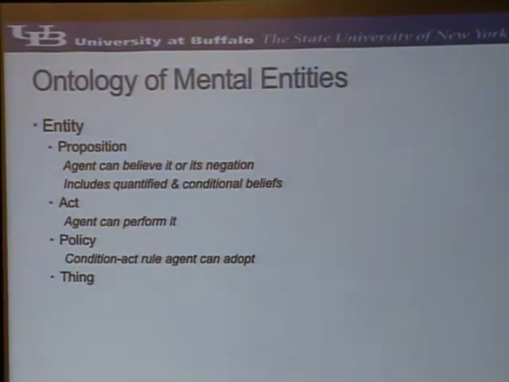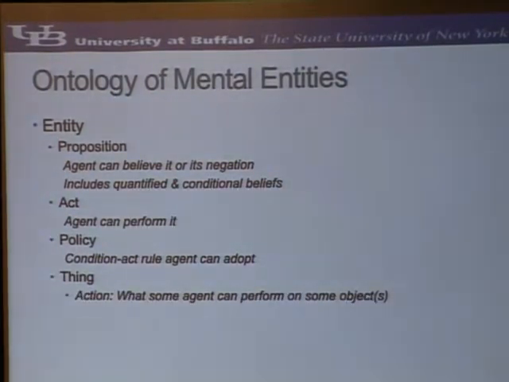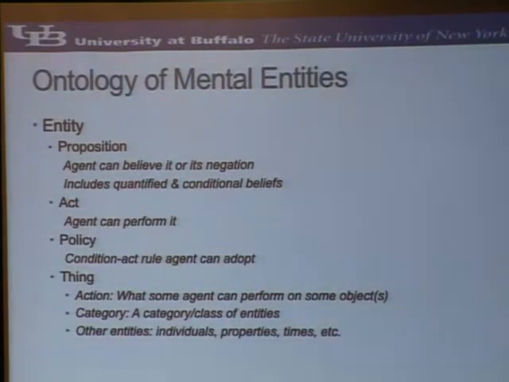This is the usual top of ontology, so everything else is there. These include actions, which is something that an agent can perform on sub-objects, as distinguished from an act, which is what an agent can perform. Categories or classes are elements in the domain. And other entities, including individuals, properties, times, everything else that an agent or you could conceive of.